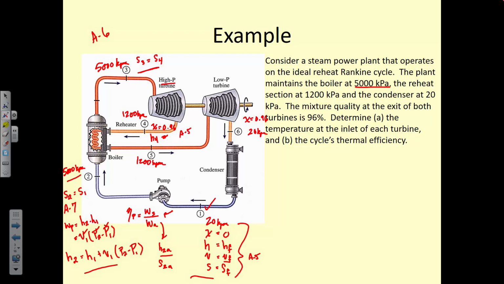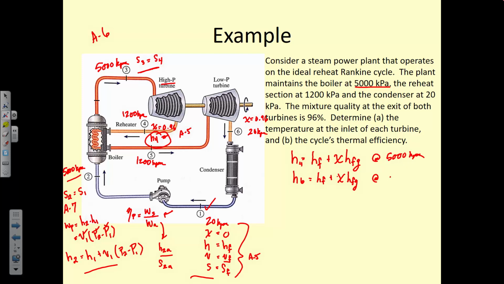So we find H4, we just look it up because we know the quality, right? So H is equal to H sub f plus x h fg at state 4. We do the same thing for state 6, h sub f plus x h fg. And this is at 5,000 kilopascals.